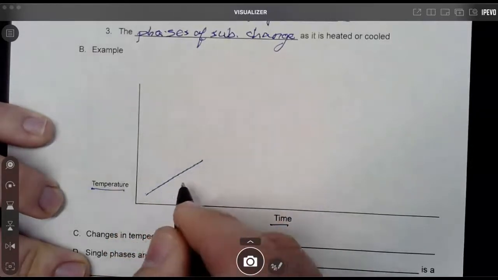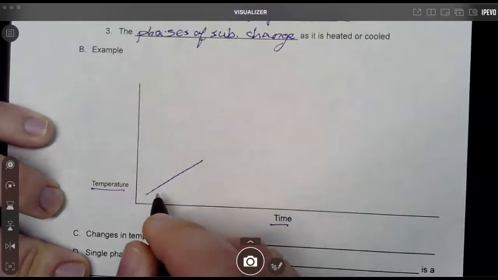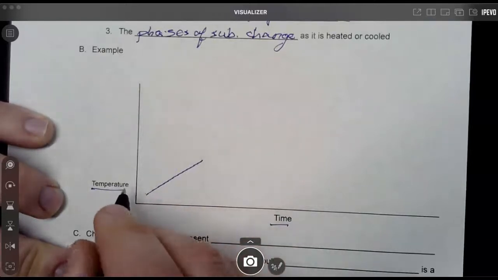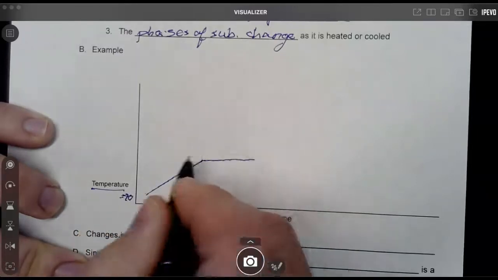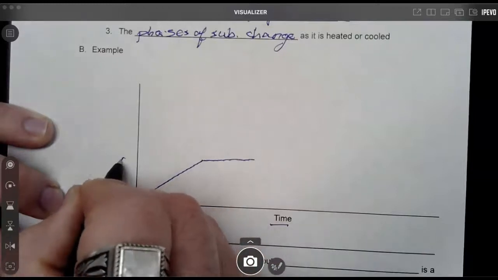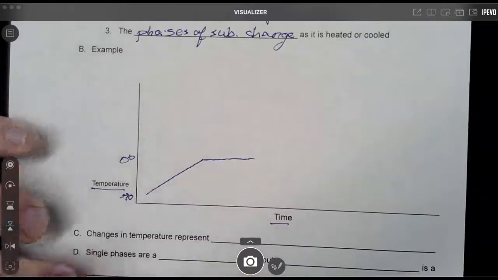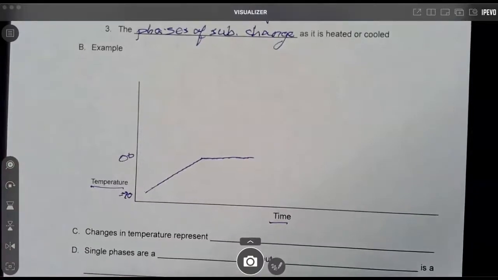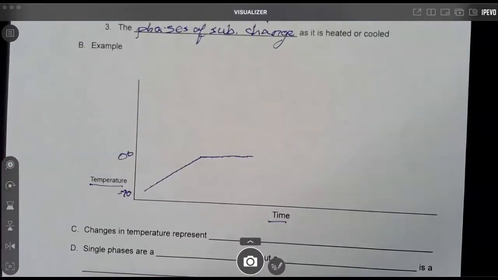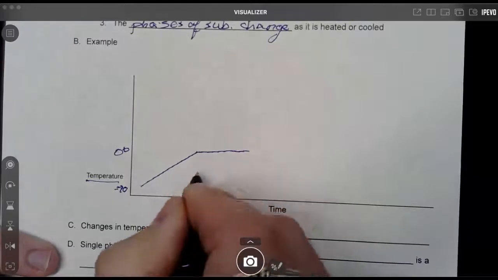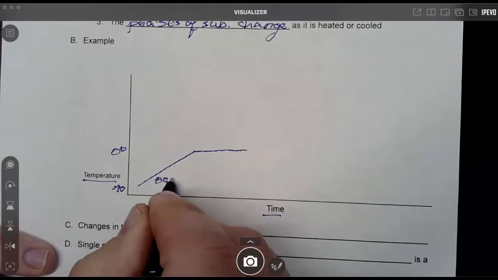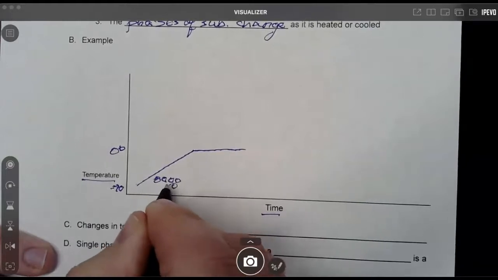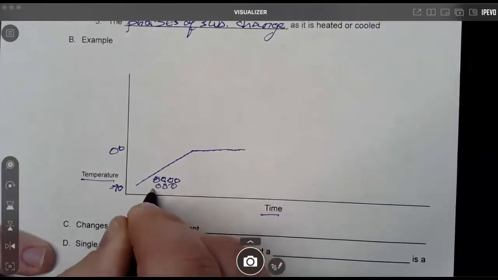I want you to imagine we have a block of ice that's very, very cold, let's say -10 degrees Celsius. Then it heats up, but at that 0 degree mark, which is the melting point of water, it levels out. That's because now the particles are very close together for an average substance. Water is a little different, but we'll talk about an average substance.